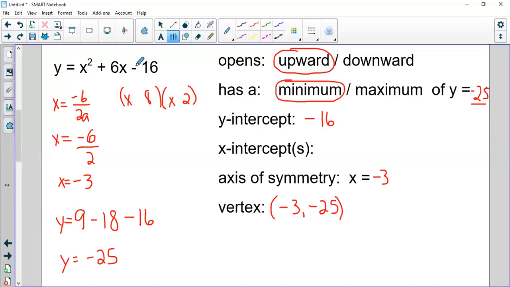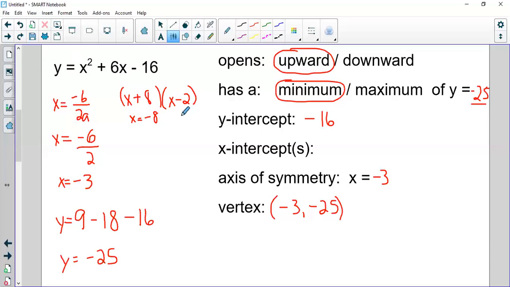My signs are going to be different from each other. And the larger number will be the positive. So the 8 gets the positive. And the 2 gets the negative. And then I'll solve each of these two parentheses using the zero product property. So if x plus 8 equals 0, x is equal to negative 8.